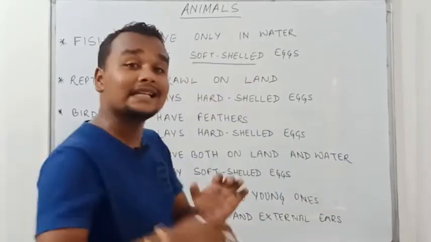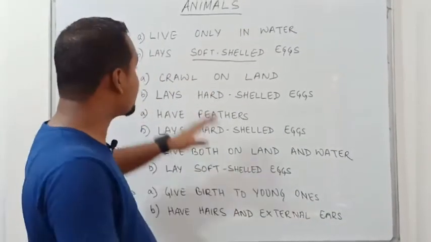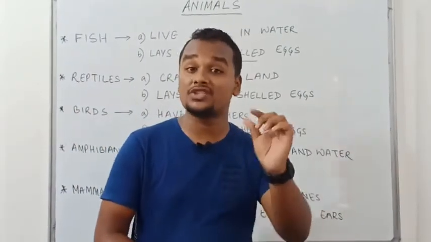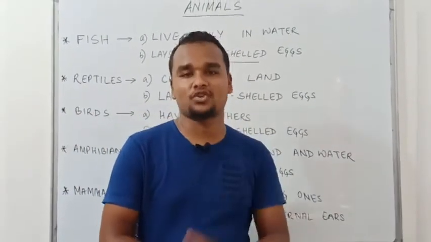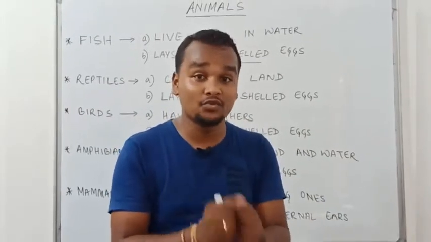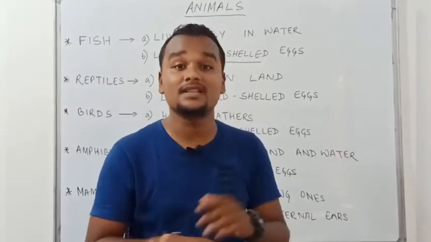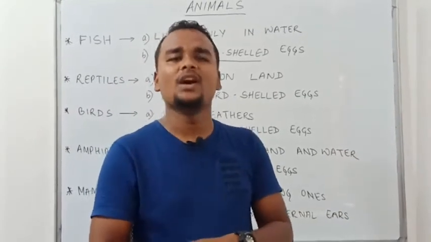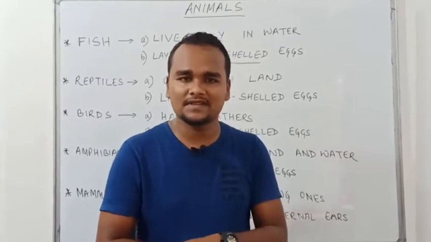Now what are the eggs of the fish? They are soft-shelled. That means when you touch the fish egg, it is very soft. It lacks that hard covering which we see in the eggs which we consume. So why are those eggs soft-shelled?